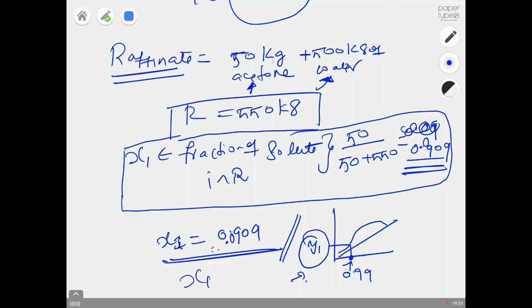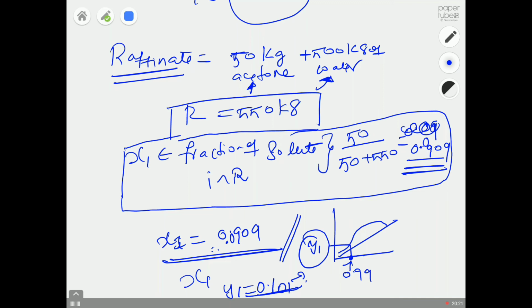So if we come back to this graph, we have to locate where our 0.0909 is, somewhere around here near the point 1 line. Draw a straight line here and then another line from there to here. It will cut around 0.10 somewhere. So your y1 value will be 0.101, somewhere around this point.